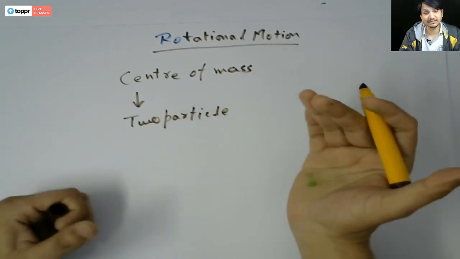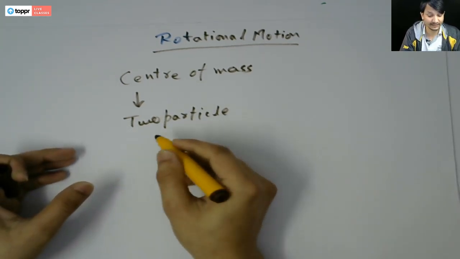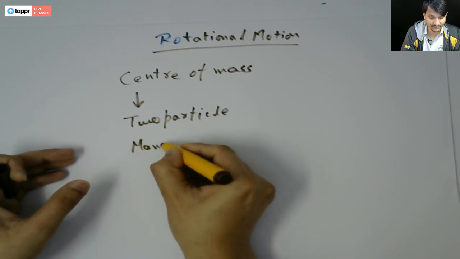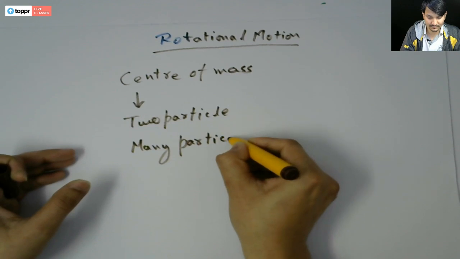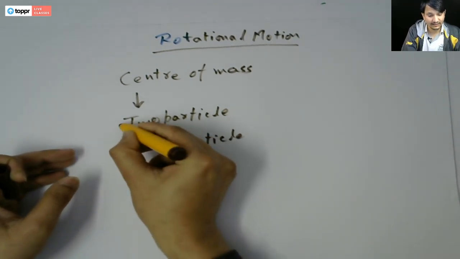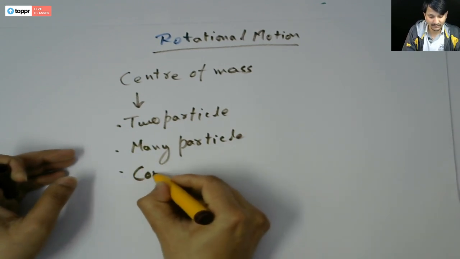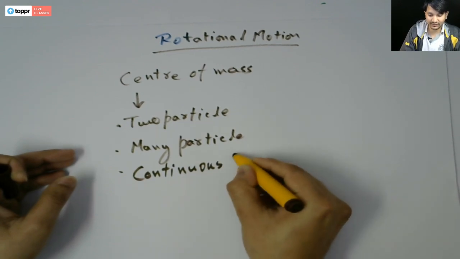Case of a system of particles where there are many particles, or say infinite number of particles. And third being continuous body.